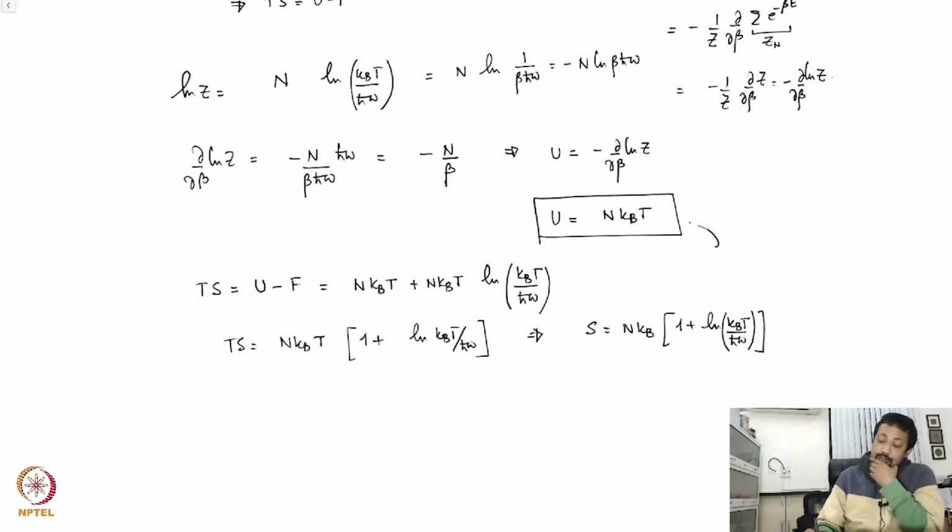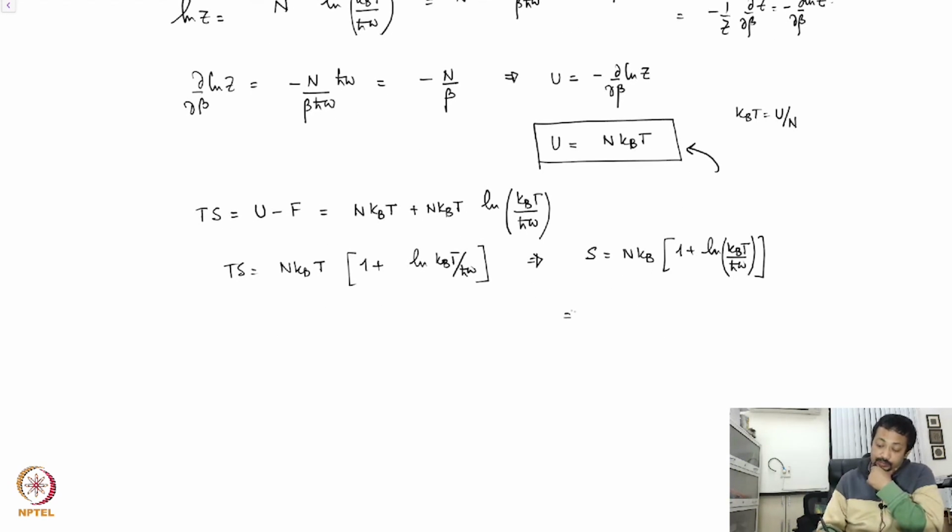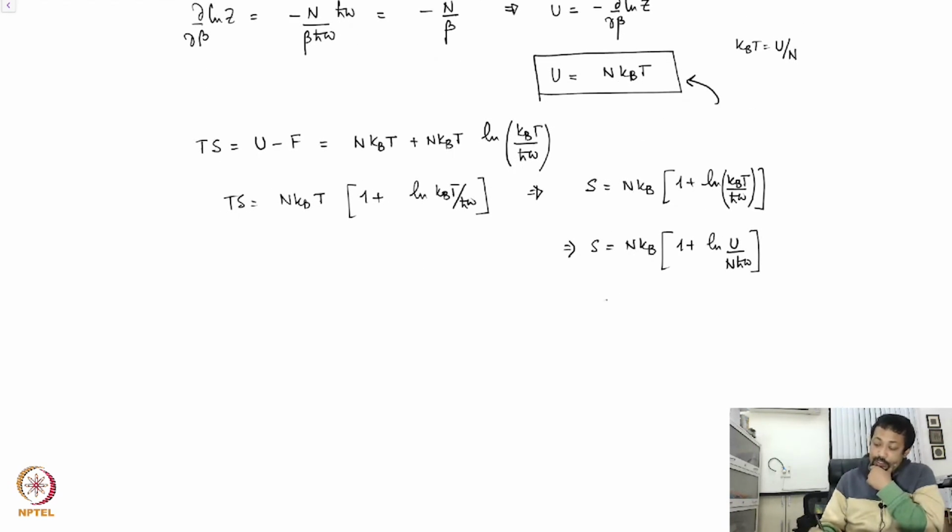Now I look at this expression that I have over here. kBT is U over n, so that this expression implies that S is going to be n kB times 1 plus log of U over n h bar omega, which means I can write down this as n kB ln of U times e, where ln e is going to be 1, divided by n h bar omega.